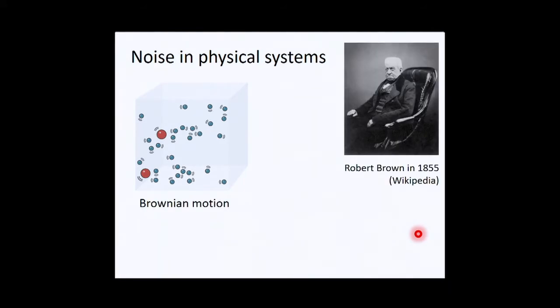And Robert Brown, a botanist, measured that experimentally when he was investigating grains of pollen under the microscope. And he realized that the pollen, when it's floating in water, follows a very random trajectory. So people named it after him, Brownian motion, because he described it physically. He didn't provide a mechanistic explanation for this phenomenon. That was elaborated later by several big names in physics like Einstein, Paul Langevin, and Onsager, another physicist.